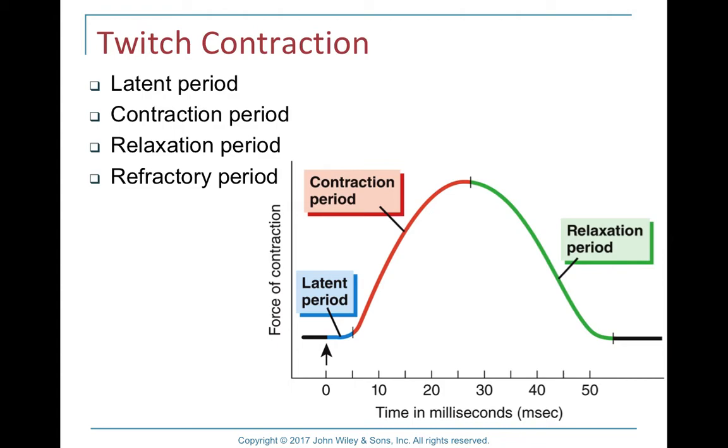Then there's the contraction period where calcium binds to troponin and we have our peak contraction developed. In the relaxation period, calcium will be transported back into the sarcoplasmic reticulum. And finally, the refractory period is where we lose the excitability.